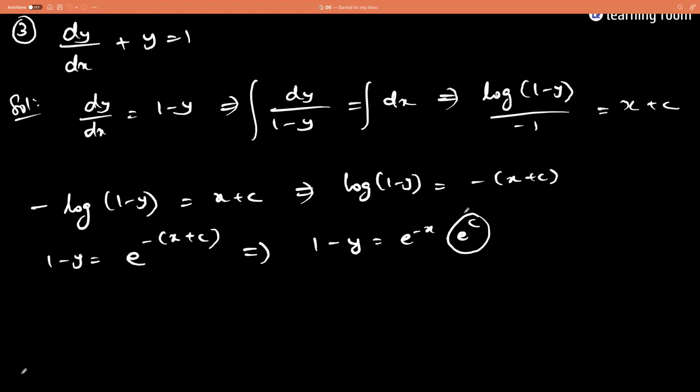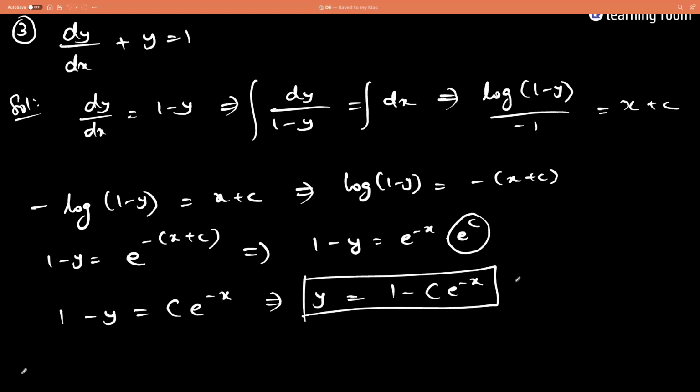So e power c, you can treat it as some other constant, capital C. So 1 minus y is equal to capital C into e power minus x, which implies y is equal to 1 minus capital C into e power minus x. Here we have e power minus.